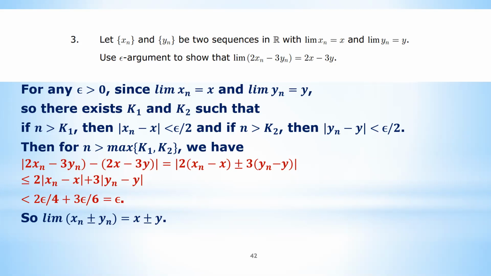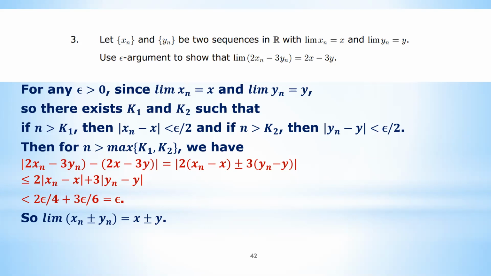You want this to be less than, say, epsilon divided by 4. And for yn minus y, you want this difference to be less than epsilon divided by 6. Then 2 and the 4 cancel, you'll get epsilon divided by 2. And 3 and the 6 cancel, you'll get epsilon divided by 2. Then you add both terms, and you'll exactly get epsilon.